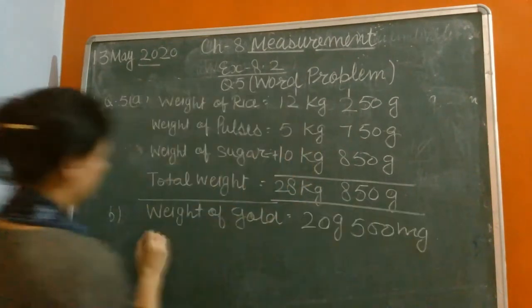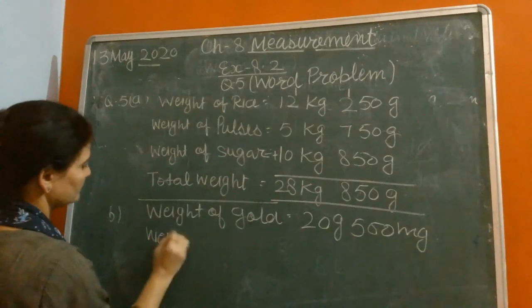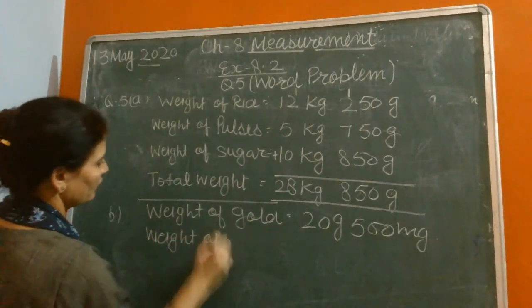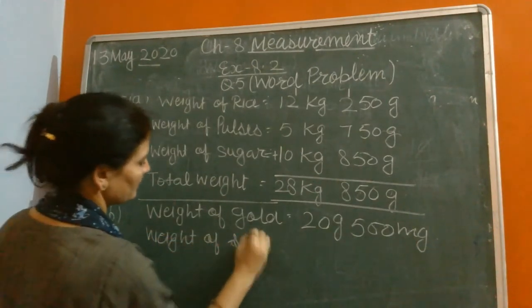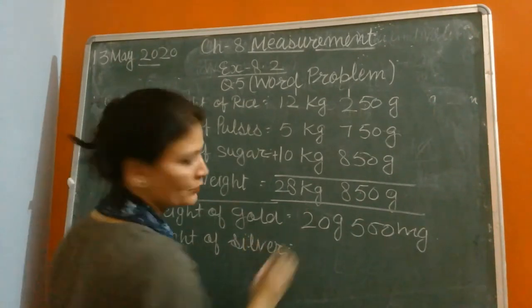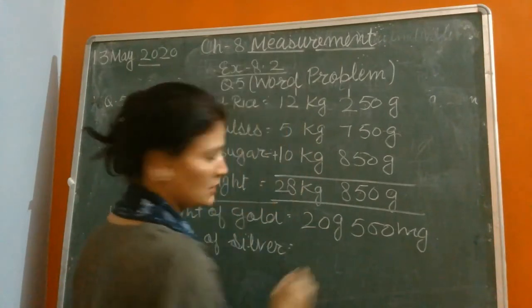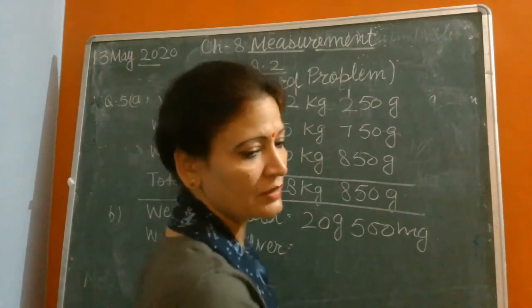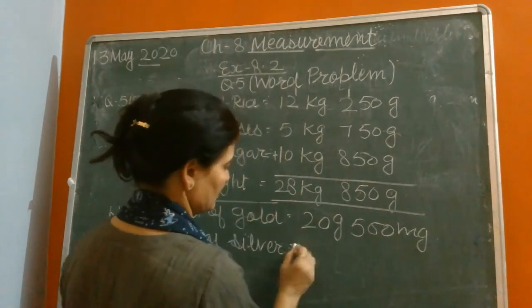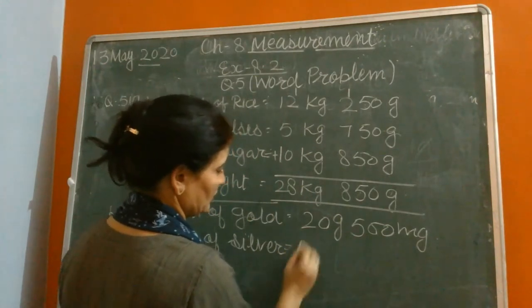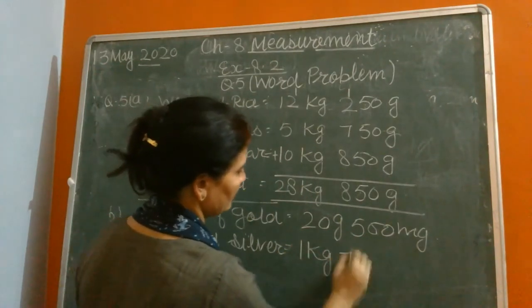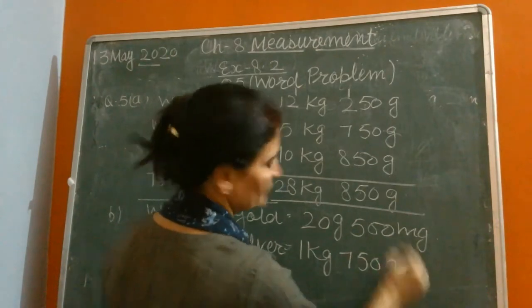Weight of silver is given 1 kg 750 gram.